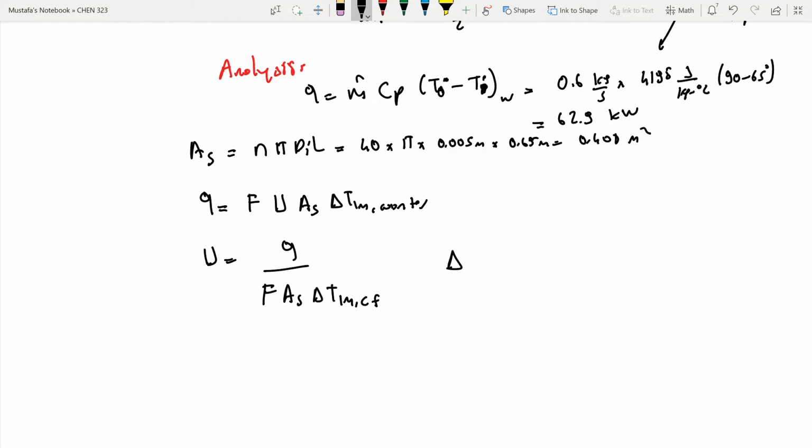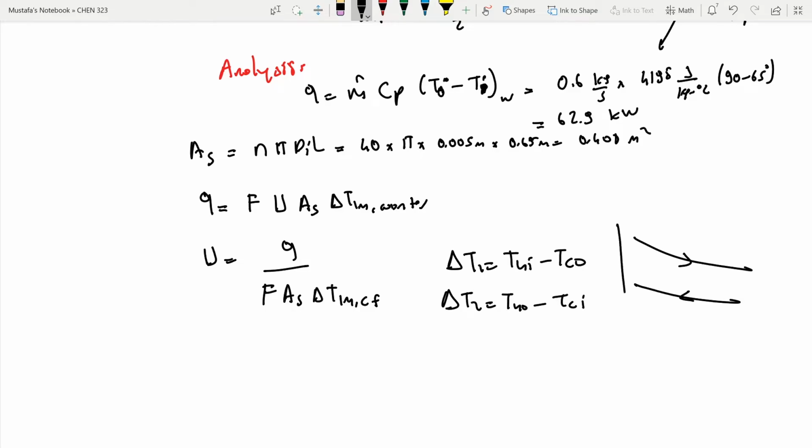For counterflow, delta T1 is T hot in minus T cold out. Delta T2 is T hot out minus T cold in. This is delta T1, this difference is delta T2. And then we can calculate delta T1 and delta T2.